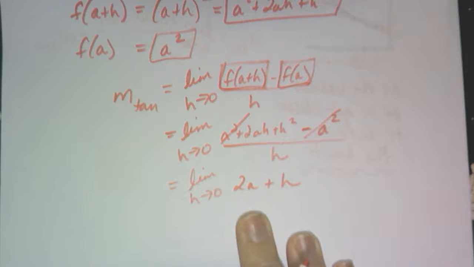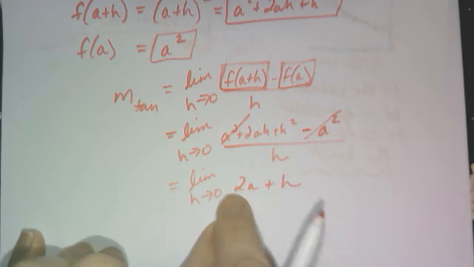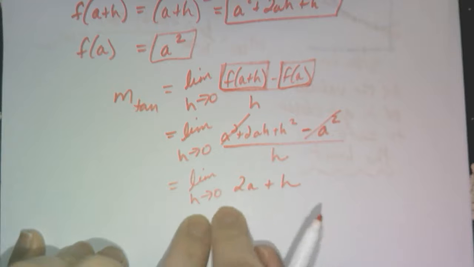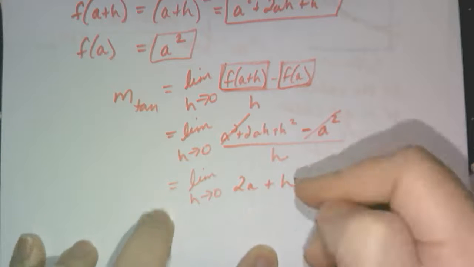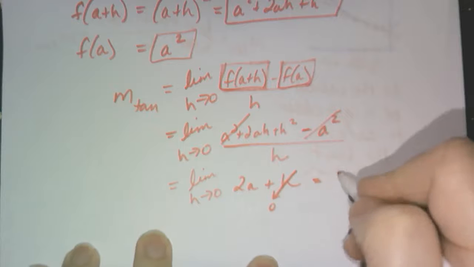What was the first rule of limits last chapter? Plug it in, plug it in. So this doesn't have an h, so this is really a constant right here. This is 2A. So if I don't plug an h in here, but I can plug an h in here, this would go to 0, agreed? So I would actually end up with 2A.